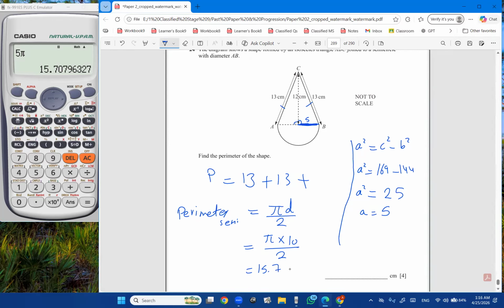Now adding this to the two sides, because what is requested is not the perimeter of the semicircle. No, what is requested is the perimeter of the whole shape. So we said 13 plus 13 plus the perimeter of the semicircle, which is 15.7, is going to add to 41.7. This is the final answer.